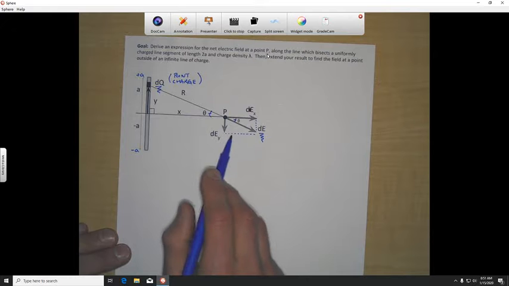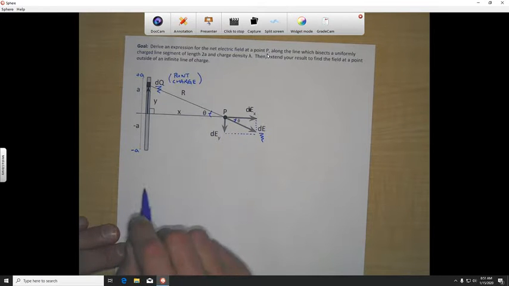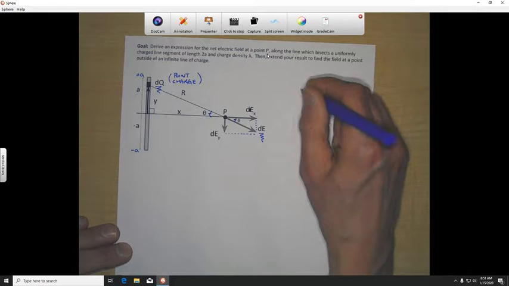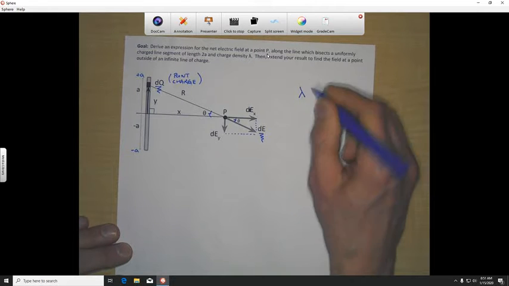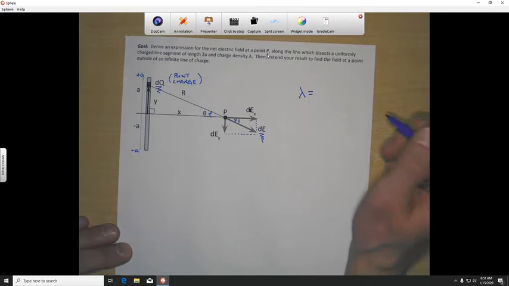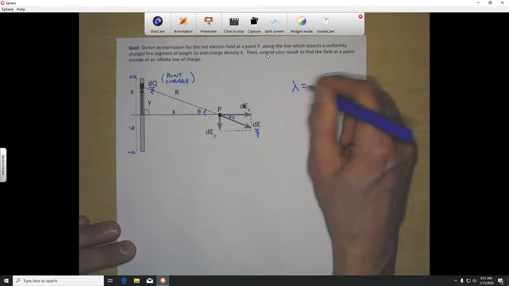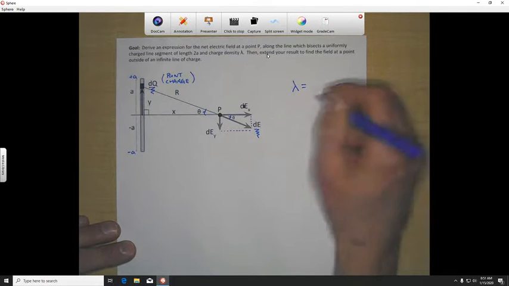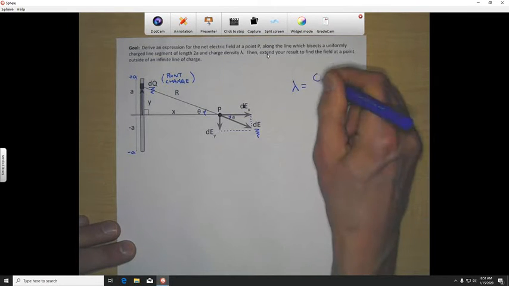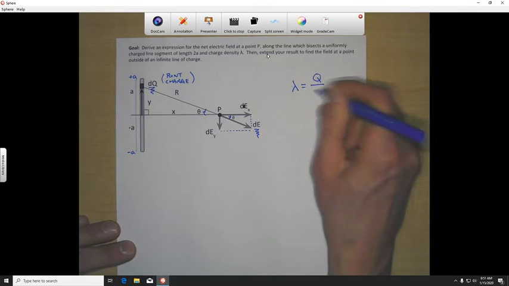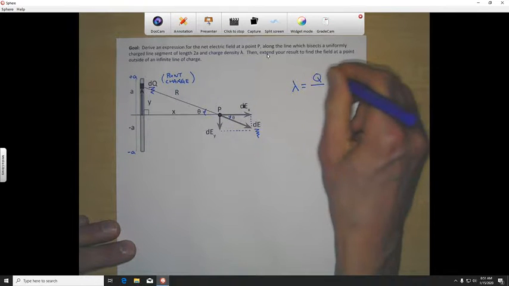All right, let's set up one more thing here. We've talked about our picture. That's good. Let's come back to the idea of lambda. We said that lambda is charge density. I'm now going to write an expression for it. I'm going to say that the entire line segment here has a total charge, so big Q is total charge.